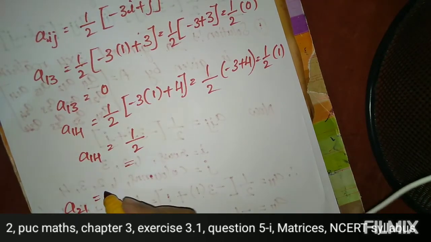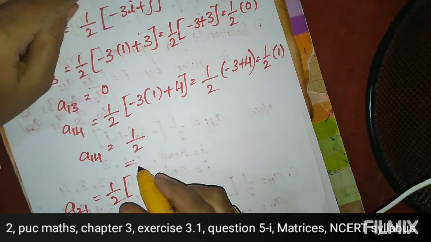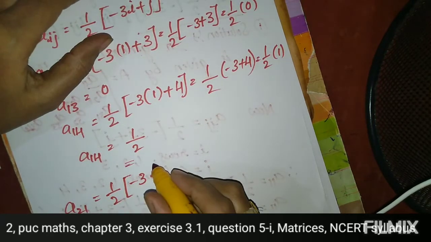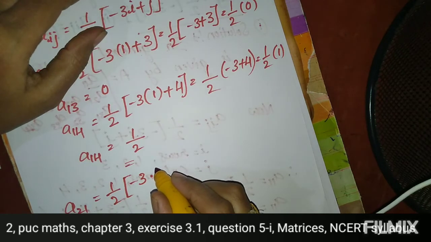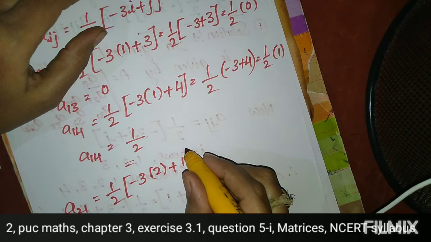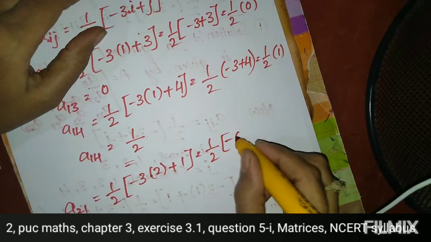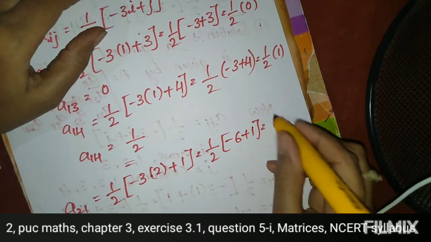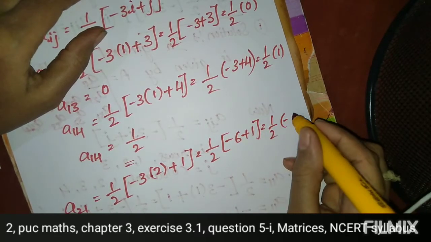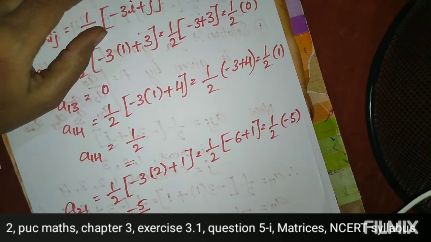And then A21 = half into |−3|, this is second row plus first column, = half into |−6 + 1| = half into 5. Then A21 = 5/2.